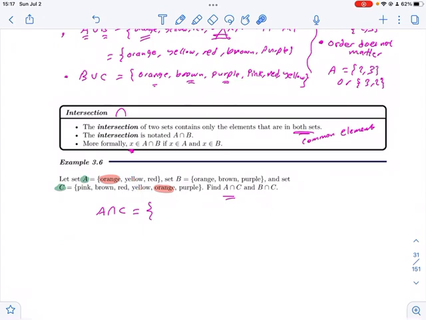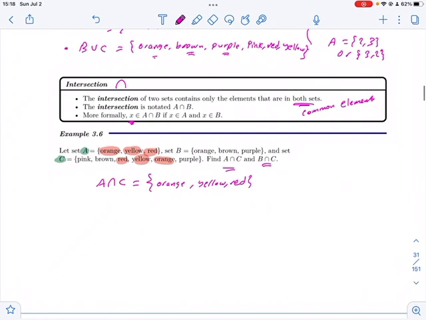So the common elements are orange, yellow, and red. That's the intersection. Now, if we want to find B intersect C, we want to see what are the common elements. We have orange, we have brown, and we have purple.